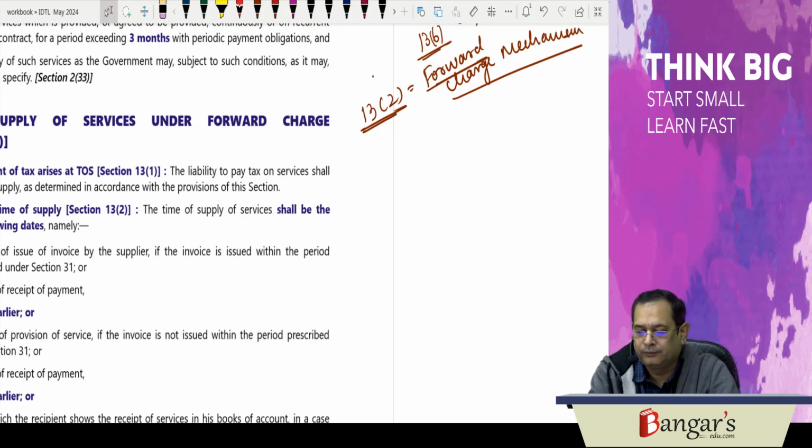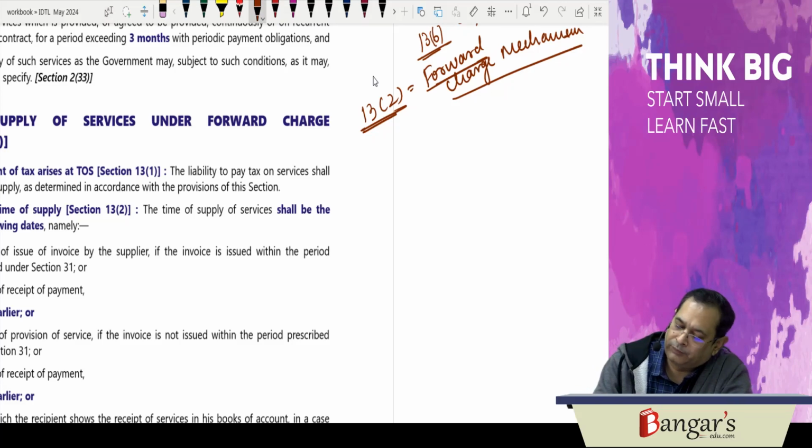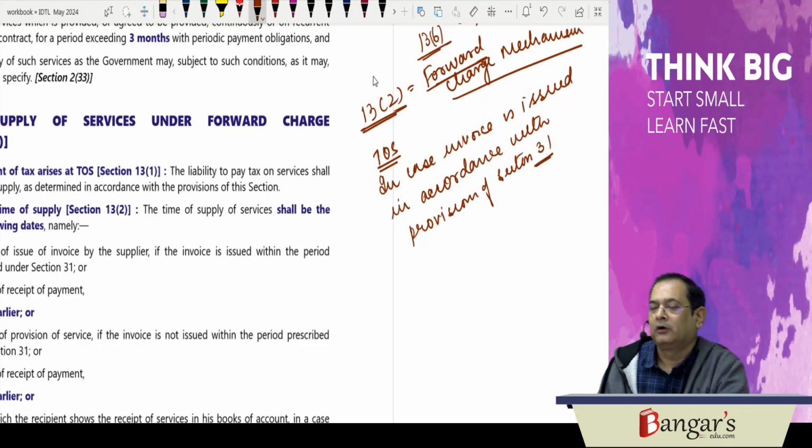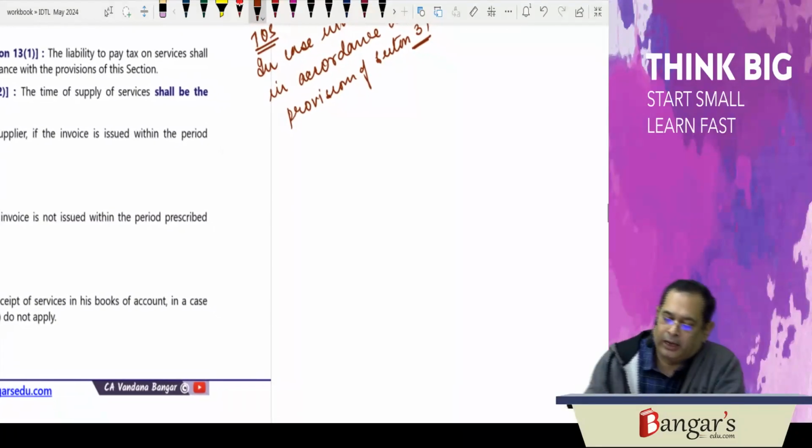Now here, what is the time of supply in respect of services? In case invoice is issued in accordance with provisions of section 31, within the timelines of section 31, time of supply will be what?